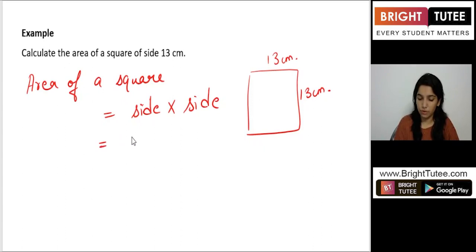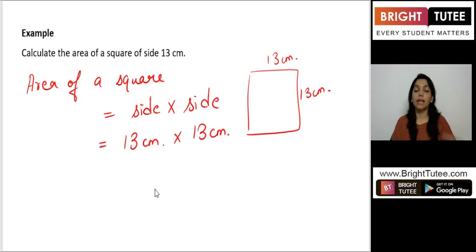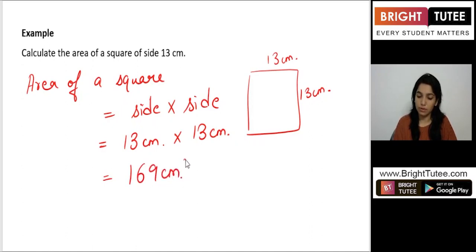What is the side given? It is 13 centimeter, times 13 centimeter, right? And if we multiply 13 by 13, the answer is 169 centimeter squared. I hope this is clear how we have calculated the area of a square.